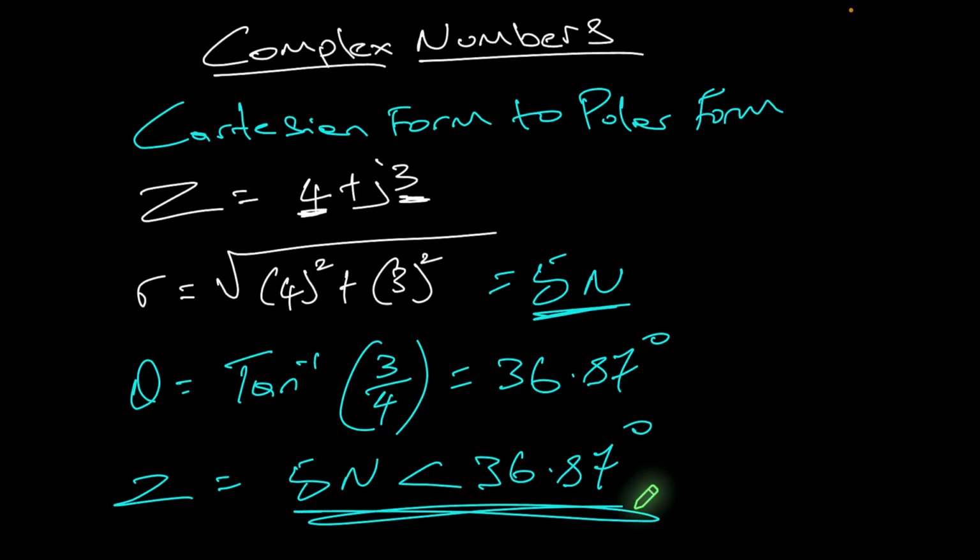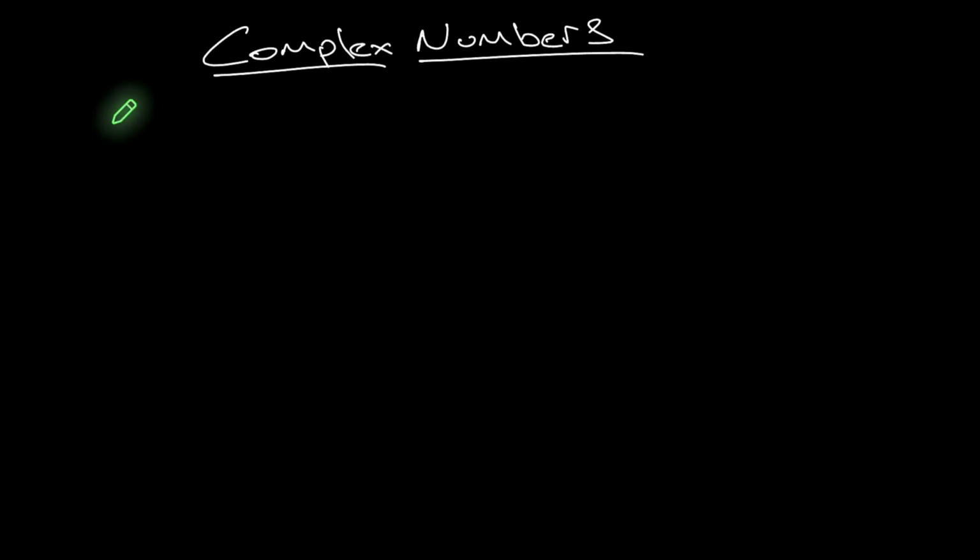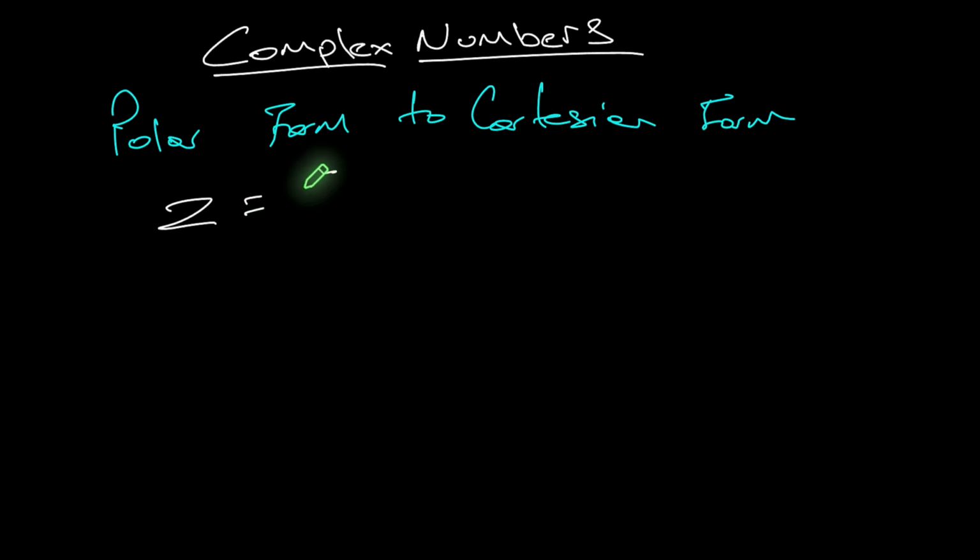Now, let's look at it the other way around. Let's go from polar form into Cartesian form. For this, I'm just going to use the same figures that we just calculated. So let's say we have 5, and that's our resultant, and our angle, 36.87 degrees.